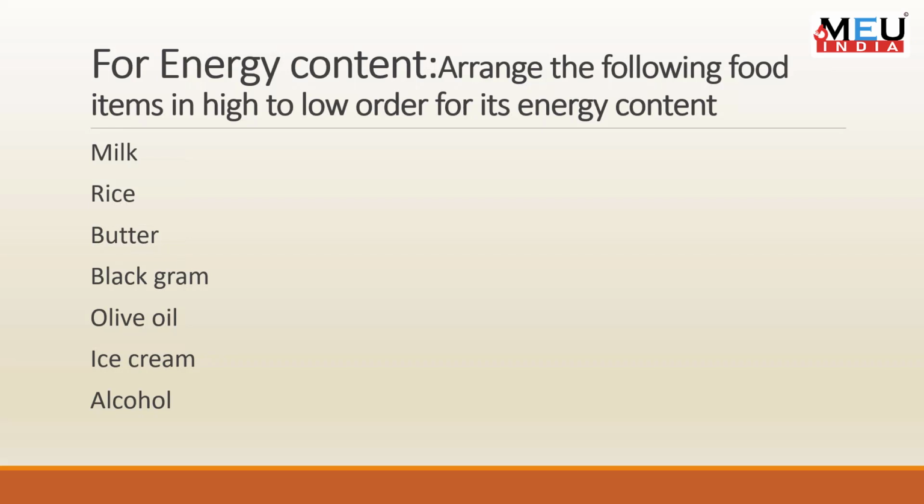Also, we have the spots in the practical. So we can convert it into any one of the options. So we can ask them to arrange the following food items in high to low order for their energy content, and we can give them 8 to 10 food items.